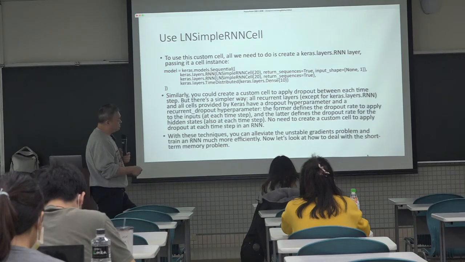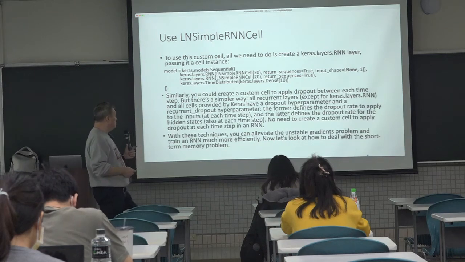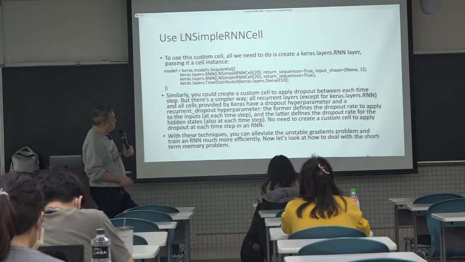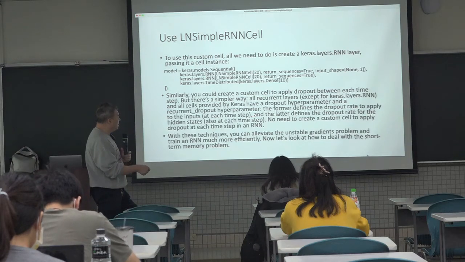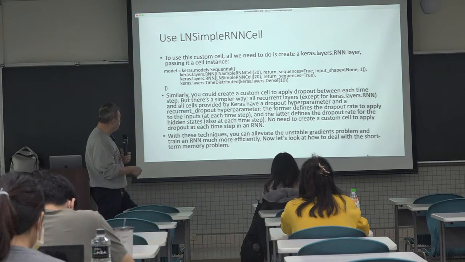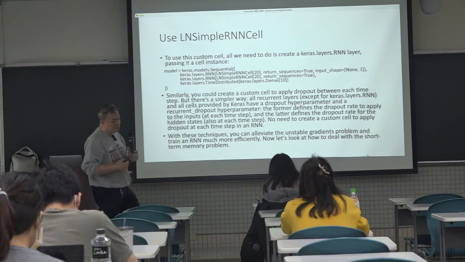So once in a while, if you throw a dice and it turns out that this node shouldn't participate in the computation this round, the input will be disabled. And the latter, recurrent dropout, defines the dropout rate for the hidden state. So it is going to tell the cell not to use the hidden state for this particular step.